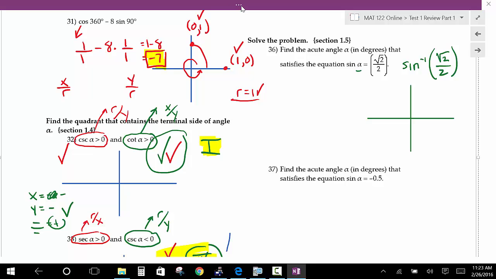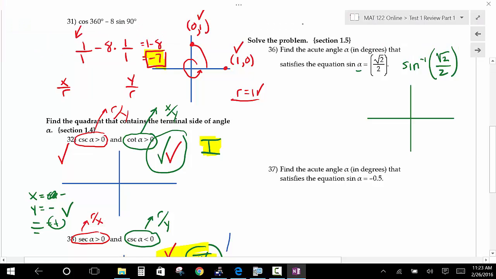The first thing that you absolutely have to pay attention to is that an inverse sine has a certain range to it. That range is between negative 90 degrees and 90 degrees.